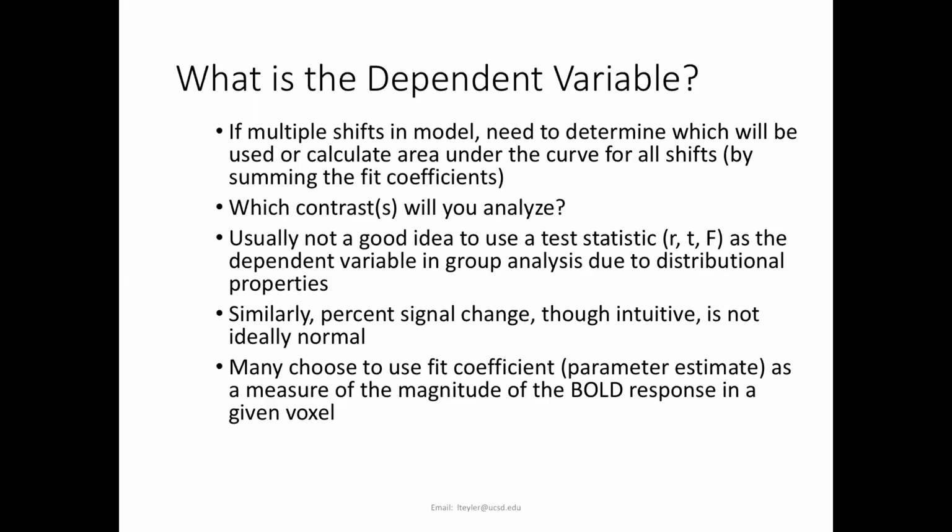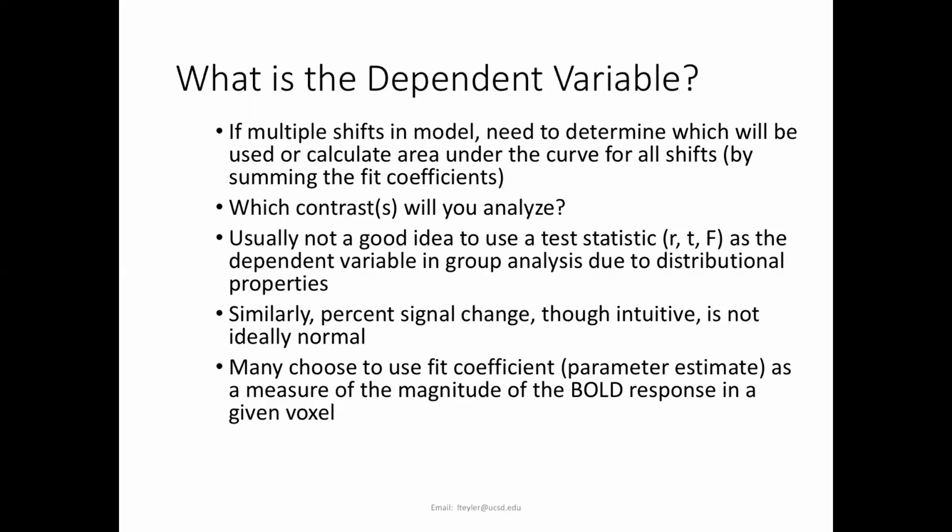Just like any kind of statistical test, you have to look at the assumptions about the distribution of the variables that go into it. If you're using linear models, and all of the ones I'm going to talk about are linear models, you want the dependent variable to be nicely normally distributed.